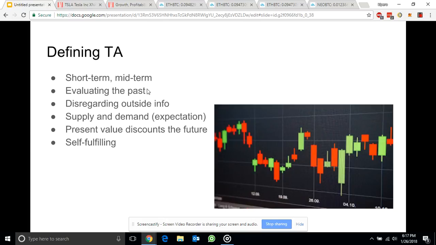So technical analysts would consider past price movements, disregarding outside information or fundamental analysis. I'm not saying this is the best idea, however, this is probably the main assumption here.